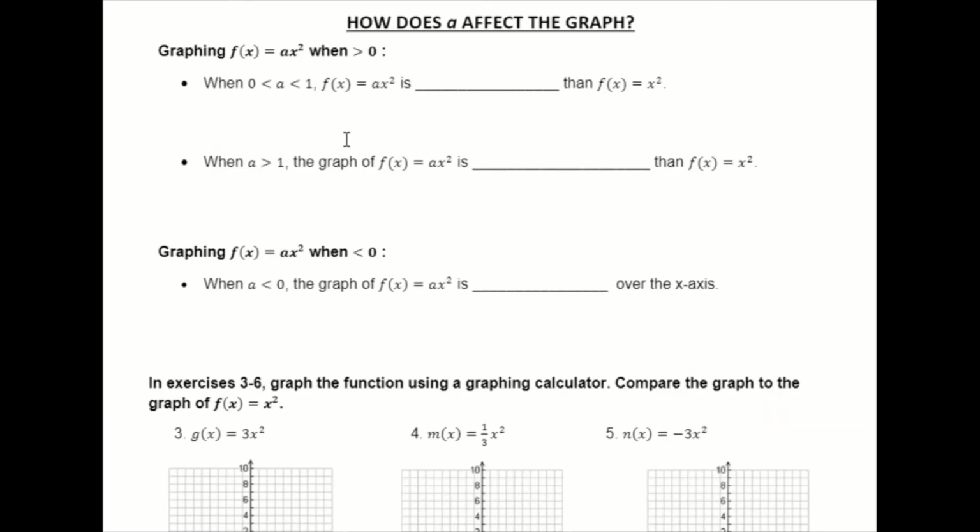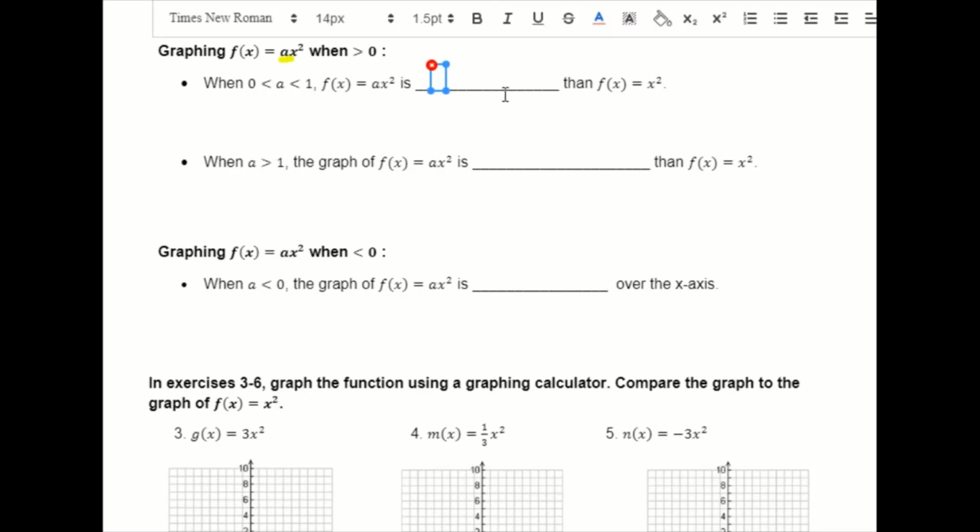So just to summarize, let's assume that a is positive. For the parent function, the default value for a is 1. If a is smaller than that, like 0.5, 1/2, 1/3, or any number between 0 and 1, then the parabola is wider than the parent function.